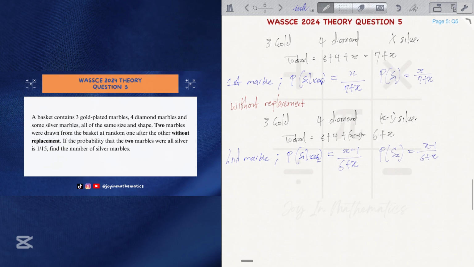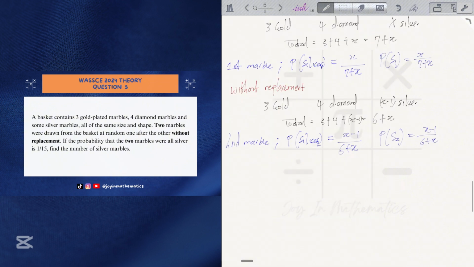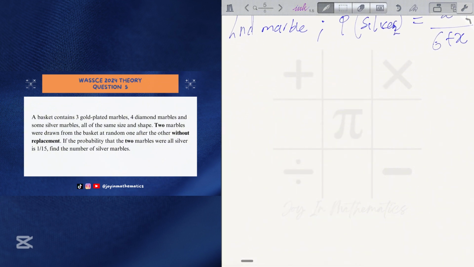Now, what is the probability that both are silver? If you recall, let's refresh our minds from the principles of probability.